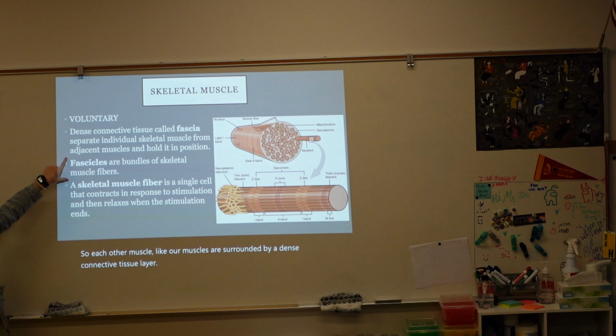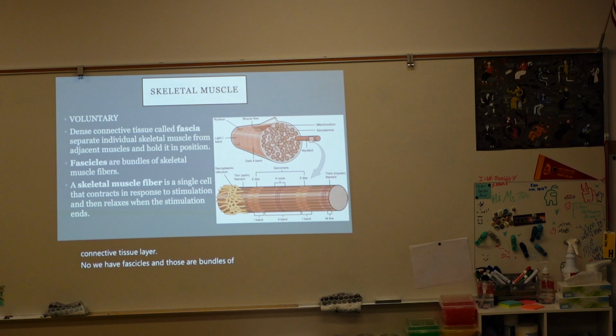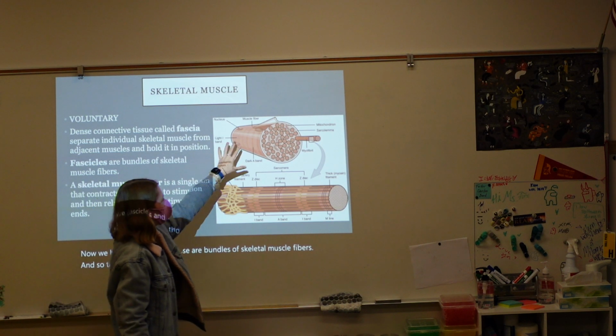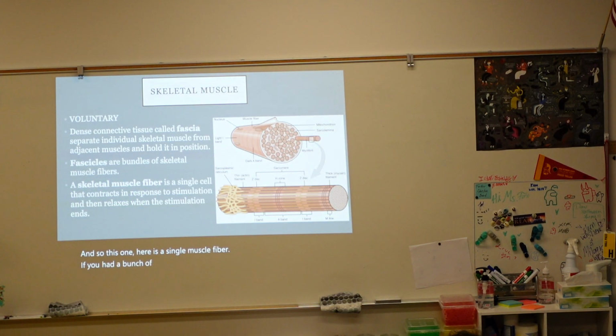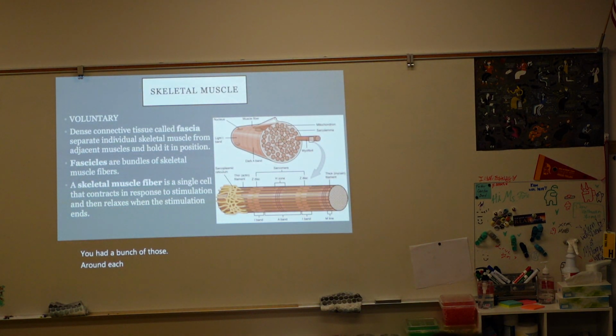Now we have fascicles, which are bundles of skeletal muscle fibers. This one here is a single muscle fiber, but if you had a bunch of those around each other, that would be called a fascicle. And then we have our skeletal muscle fiber, which is a single cell that contracts in response to stimulation and then relaxes when the stimulation ends.